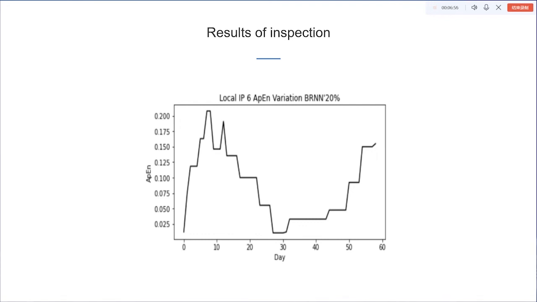The more complex the time series, the greater the approximate entropy. Approximate entropy has strong anti-interference ability. If the data contains abnormal values, approximate entropy can be combined with the abnormal level to determine the degree of expression of the true information in the original data.